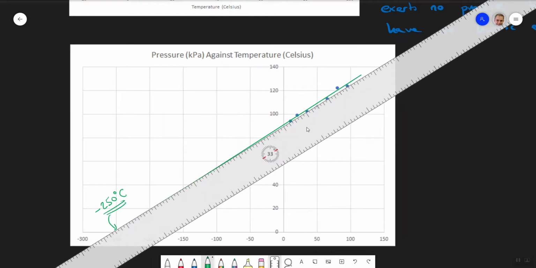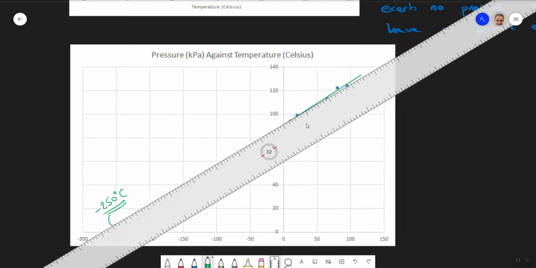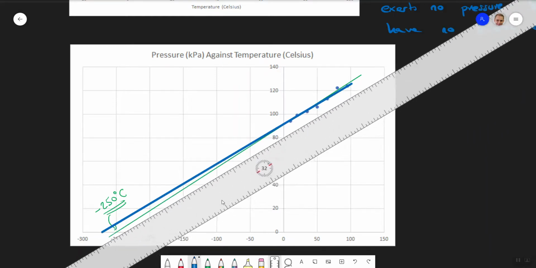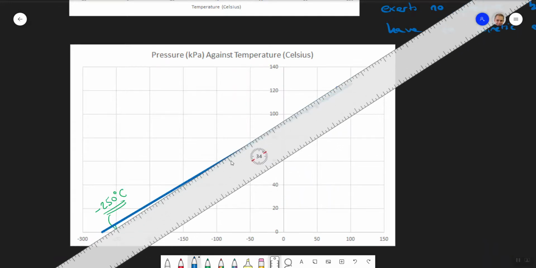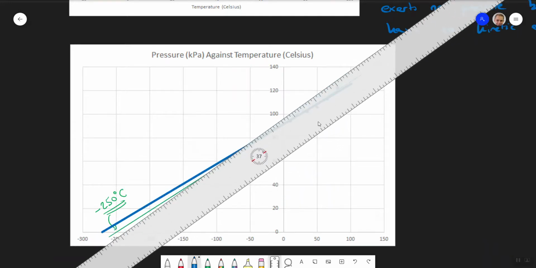I mean, if we were slightly going, oh, maybe it's closer to this thing here, if we did the line like that, we'd end up with probably closer to about minus 270 if we went the other way. And this is the whole thing about uncertainty in measurements.